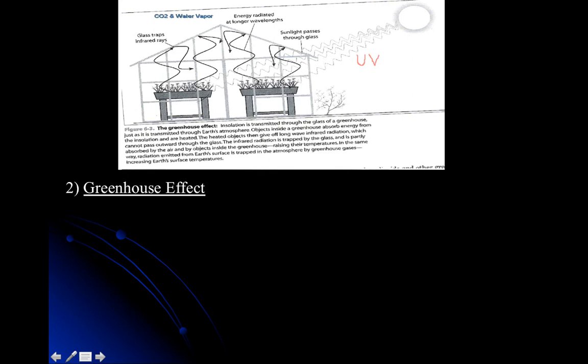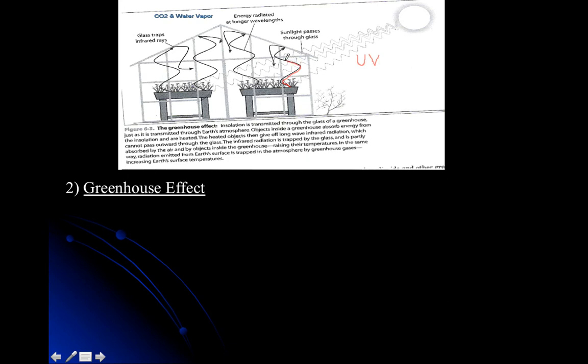Now, if you've ever been in a greenhouse, there are usually tables set up, plants growing in it, and dirt. Dirt is dark. Dirt is a rough texture. So the dirt absorbs the energy, and a good absorber is a good radiator. So you see the UV rays getting absorbed and eventually re-radiated as longer waves.